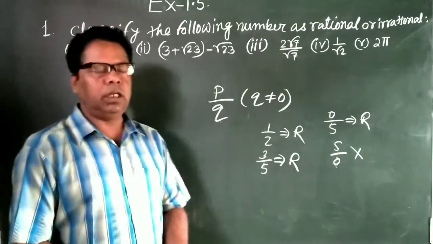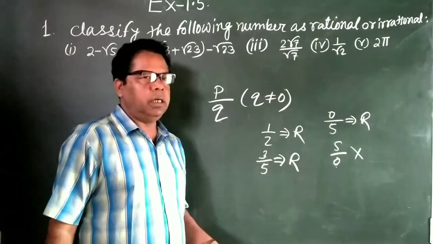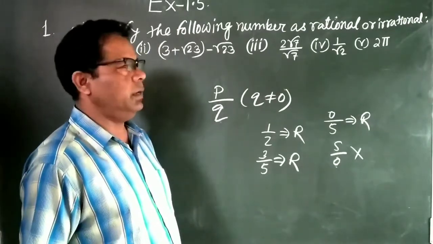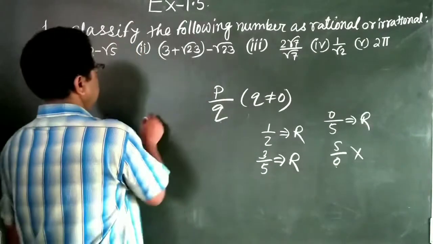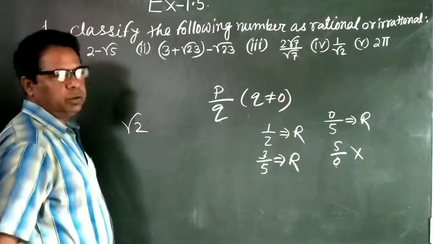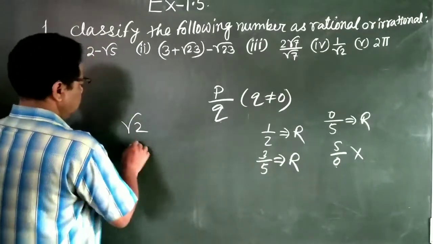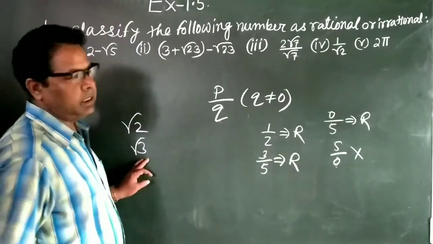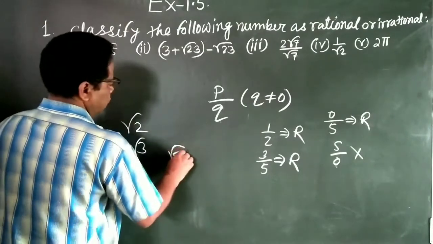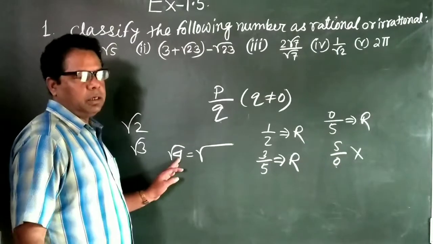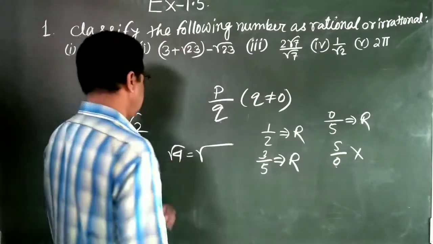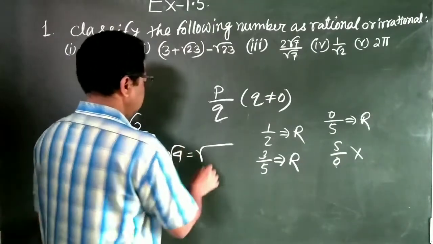Then what about irrational numbers? Any number having a root is irrational if the number is not a perfect square. For example, root 2 is an irrational number. Root 3 is an irrational number, but root 4 cannot be irrational, because 4 is a perfect square number.